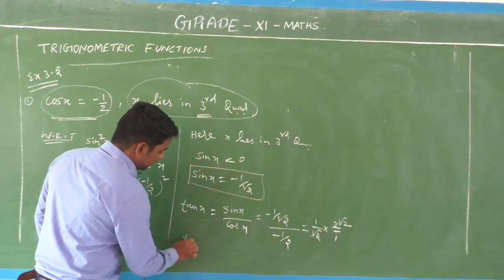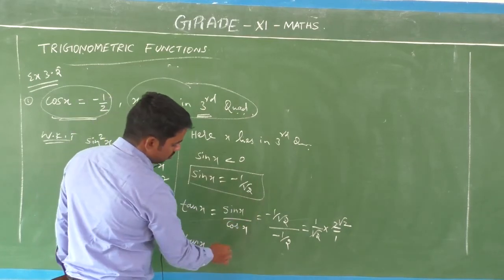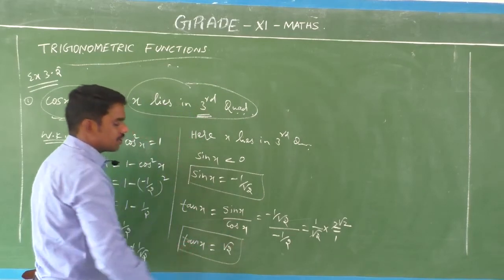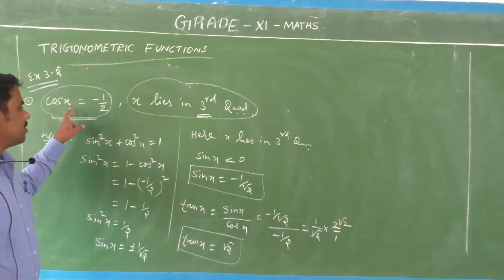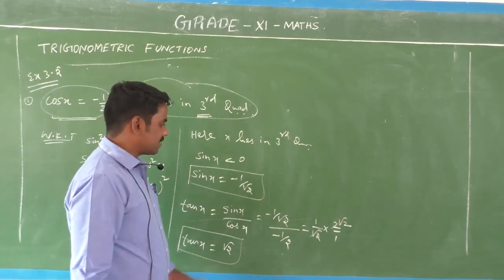So tan x is equal to root 2. Given cos x equal to minus 1 by 2, we found sin x and tan x.